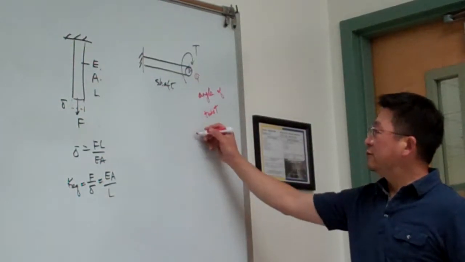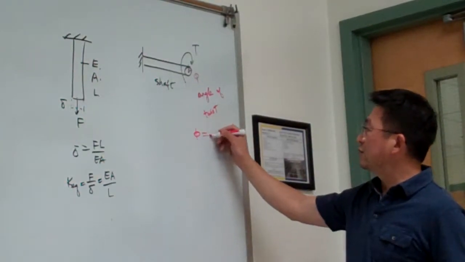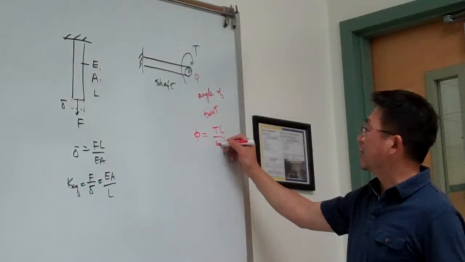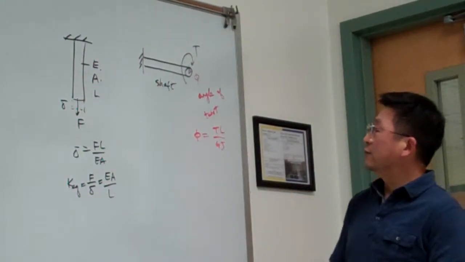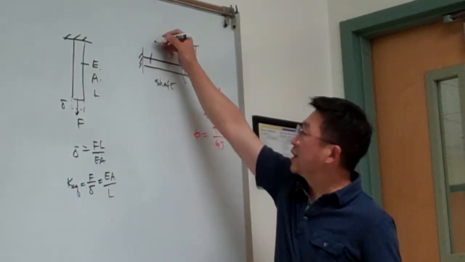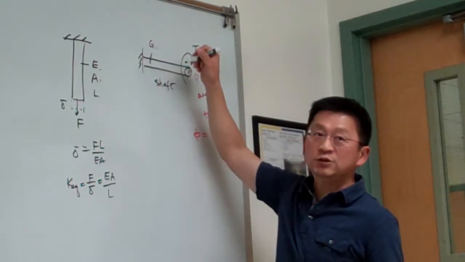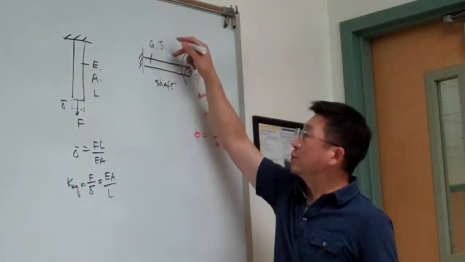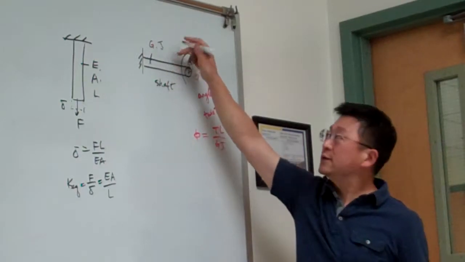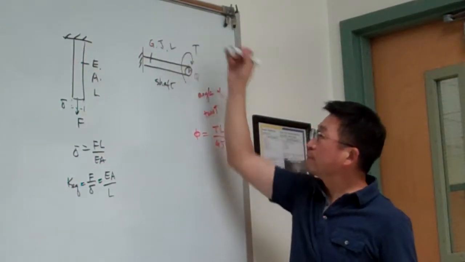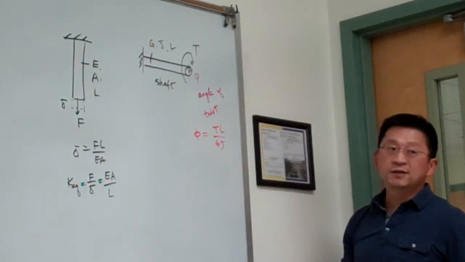We know from mechanics of materials that phi equals TL over GJ. For this material, G is the rigidity modulus, J is the polar moment of inertia, and it has a length L. So we can calculate this.